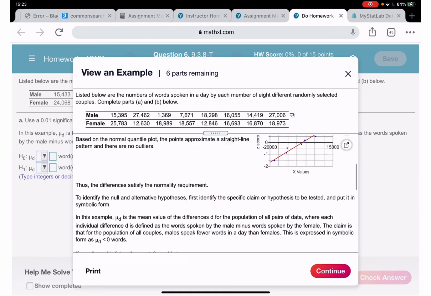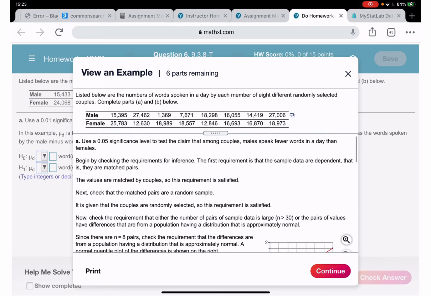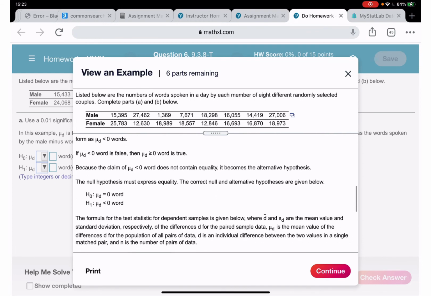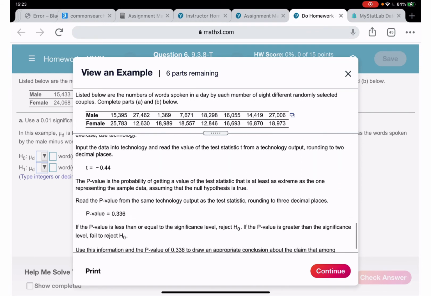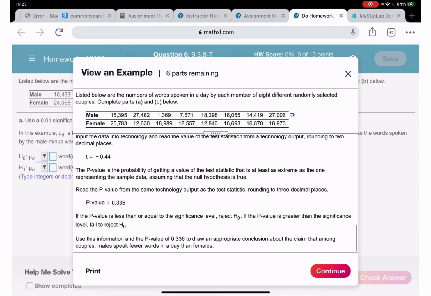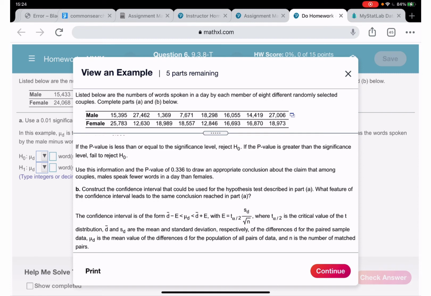Was 0.05? 0.05, and our p-value is 0.336. So what can we conclude about our claim that males speak fewer words in a day than females, right?